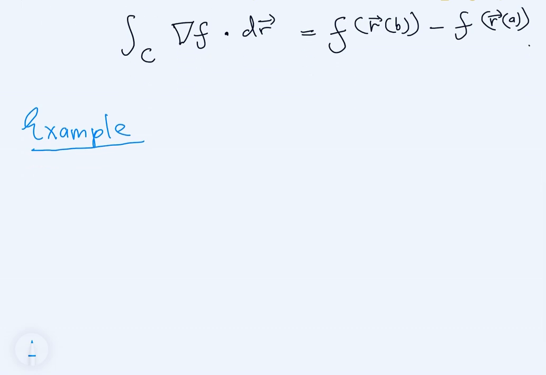Suppose that we have a gravitational field, and this gravitational field does work on a particle of mass m along some smooth curve or piecewise smooth curve, and we want to know what is the work that this gravitational field does moving this particle.